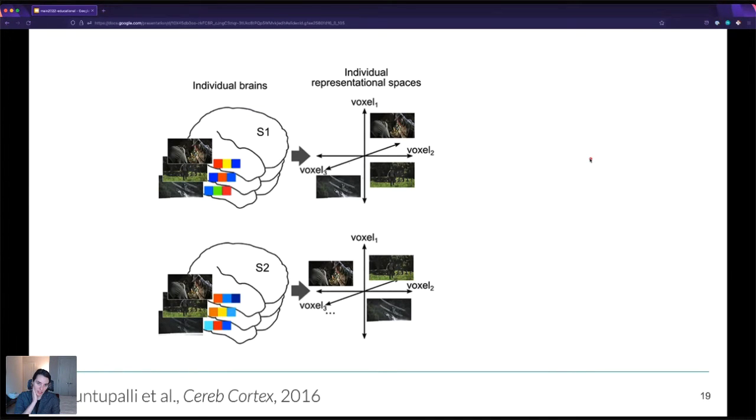So this figure from Guntupalli and colleagues might look quite similar to the figure I showed you earlier for RSA, and it's indeed very much the same in spirit. So here, rather than those 4 labeled stimuli, we have 3 different labeled movie frames. We still have our 3 voxels, and we're looking at the relative activation of each voxel for the 3 movie frames.